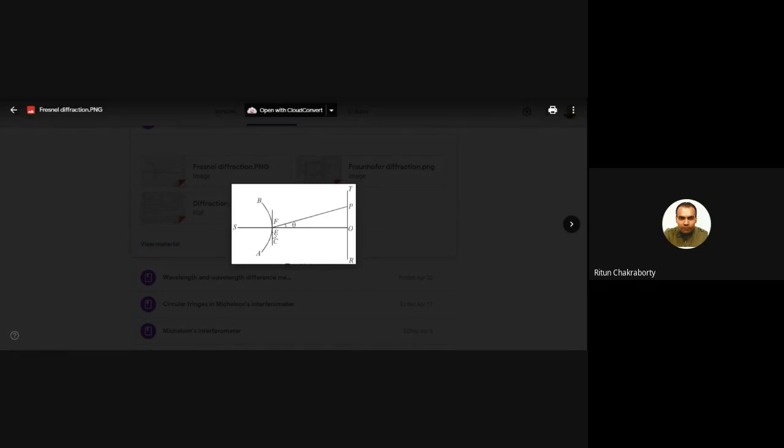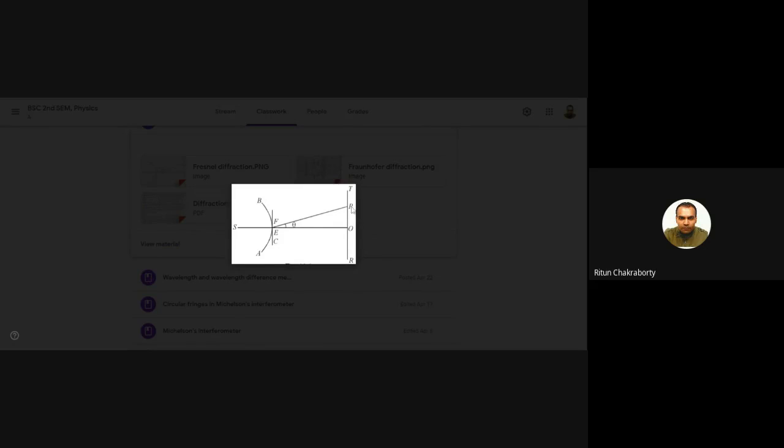Now you see PE makes an angle of theta with EO. Now when theta is 0, what is the obliquity factor in that case, or what is the influence on the effect? 1 plus cos theta is the factor on which the effect of diffraction depends.